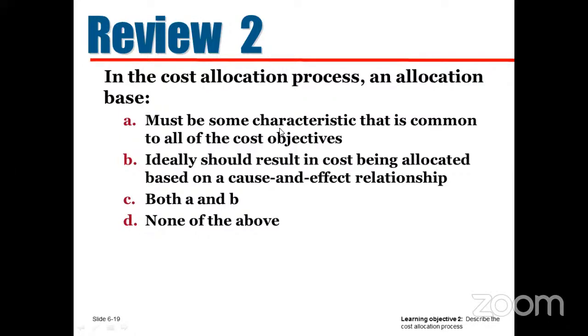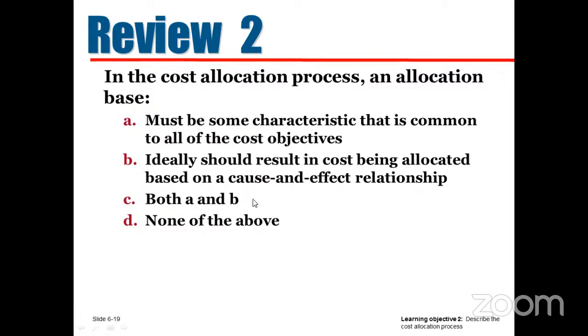It means they must have some kind of same nature, some kind of relevancy, related to each other; cannot be not relevant at all. Ideally it should result in cost being allocated based on a cause and effect relationship. It means whatever increase in the volume of sales, there will be an increase in the allocation. That's the meaning of it. It's a cause and effect relationship.